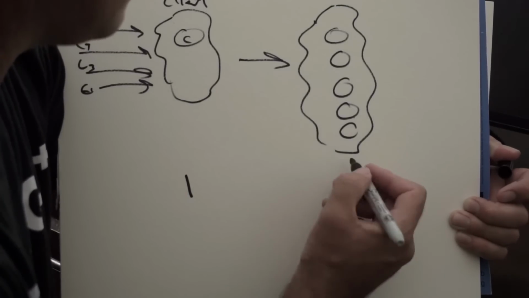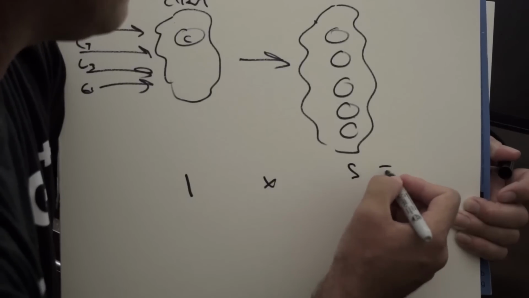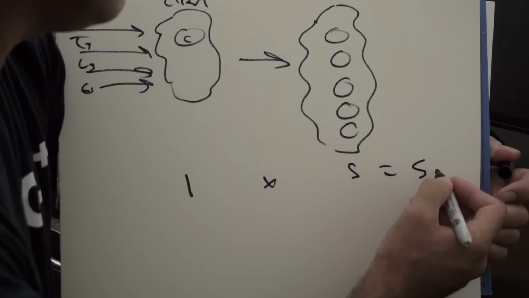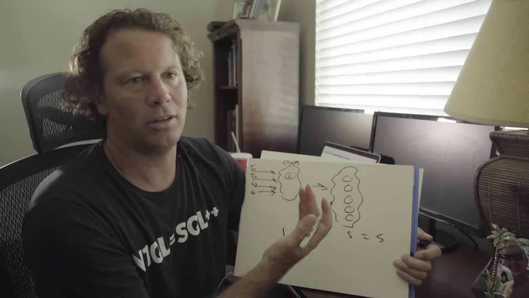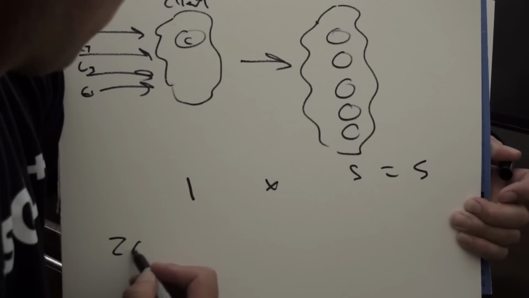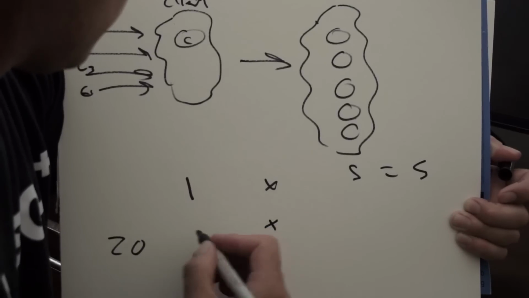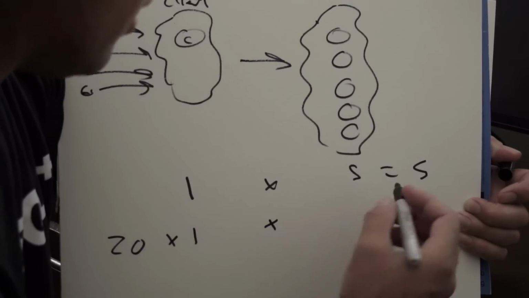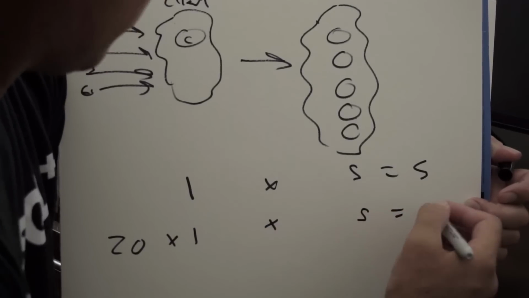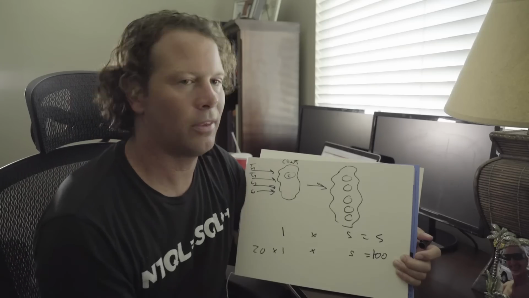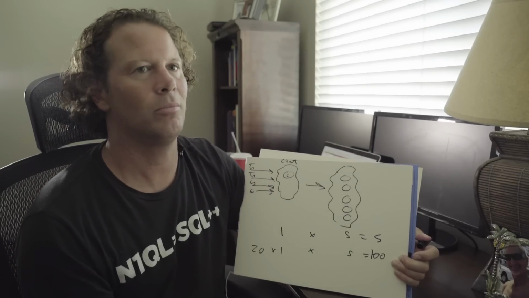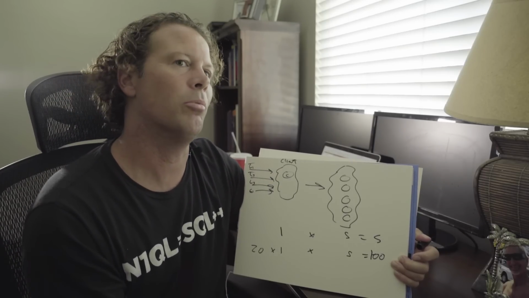So 1 connection times 5 equals 5 connections. Now if you multiply this by, let's say, 20 applications, you end up with 20 times 1 times 5 equals 100. That's a quarter of the number of connections needed in a connection pooling example, and you get higher throughput at the same time.